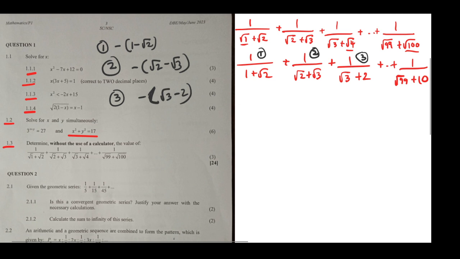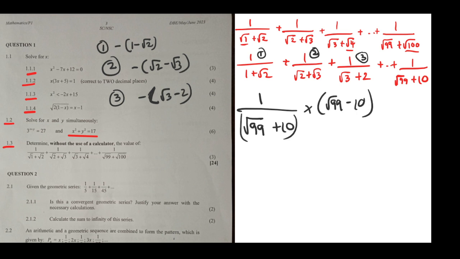So the last one, going to rationalize. So it's going to be 1 over root of 99 plus 10. To rationalize this, it's root of 99 minus 10, root of 99 minus 10, which you should get root of 99 minus 10 at the top.